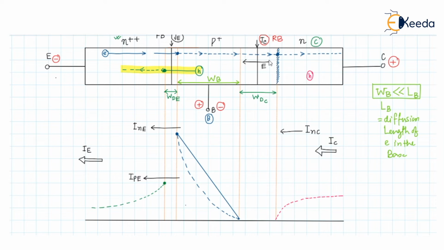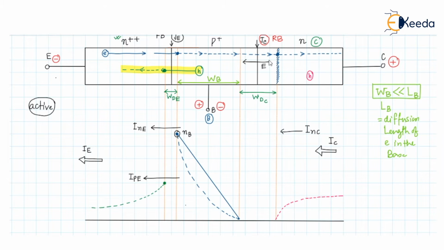The minority carrier concentration inside the semiconductor bipolar junction transistor at the active region of operation, and the concentration of the electron at this point, if we denote this as the concentration of electrons in the base region, that is NB.